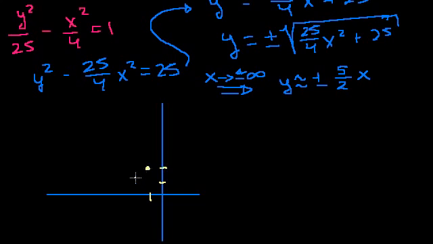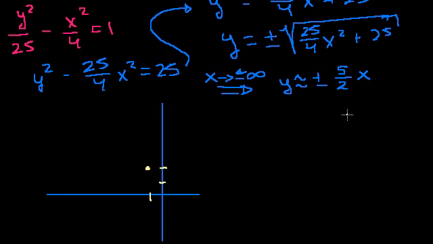That's the center. This would have been the two asymptotes if we were centered at 0, but now this tells us the slope of the two asymptotes. The asymptotes are going to intersect at the center of our hyperbola.